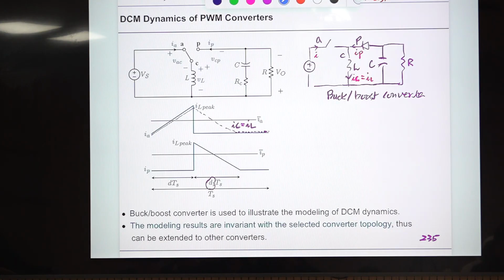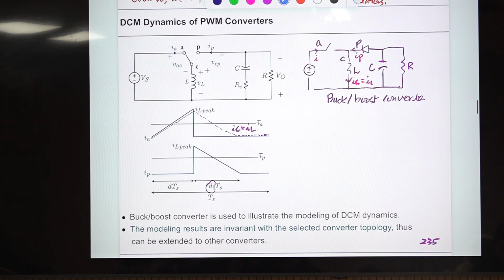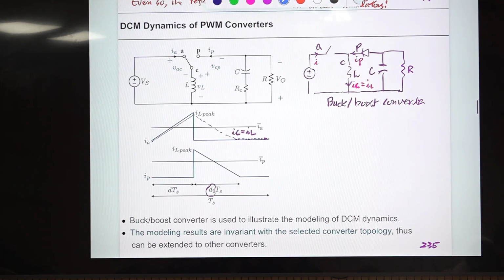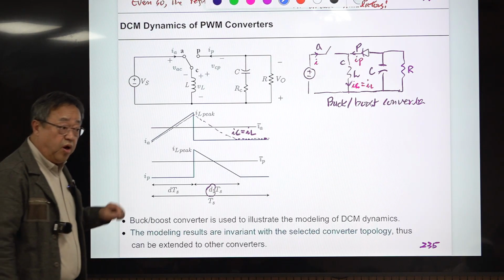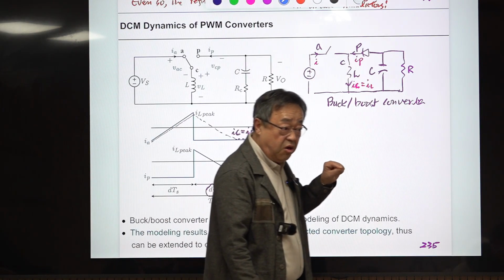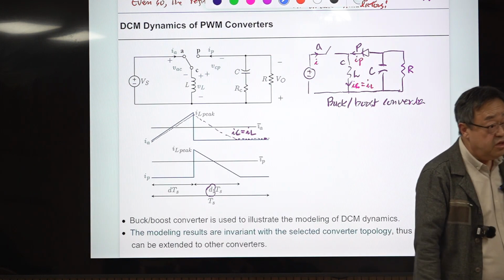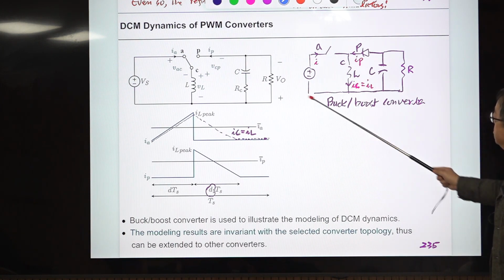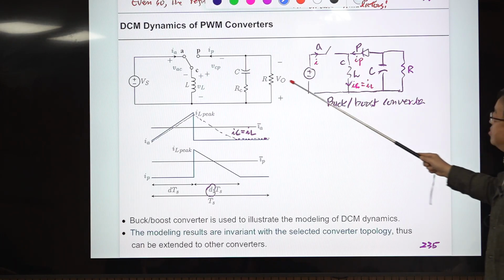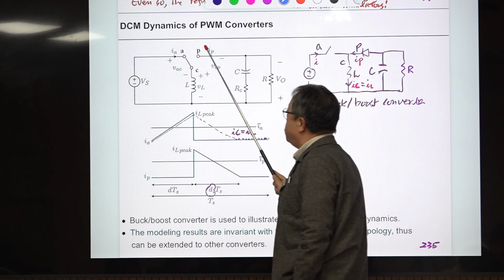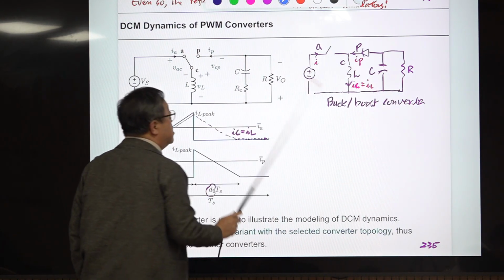This is the second part of this lecture. In this part, we'll discuss the PWM switch model in DCM operation, or DCM dynamics of the PWM switch. Okay. So this is the buck boost converter. This is the circuit description, and this is the representation using this PWM switch model.